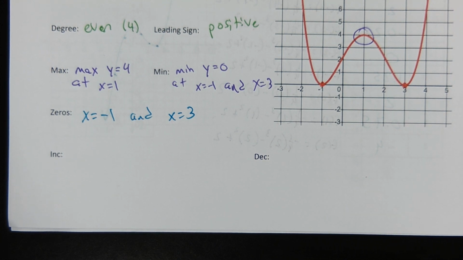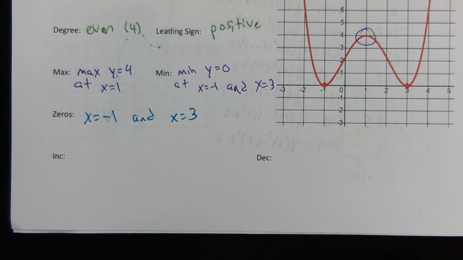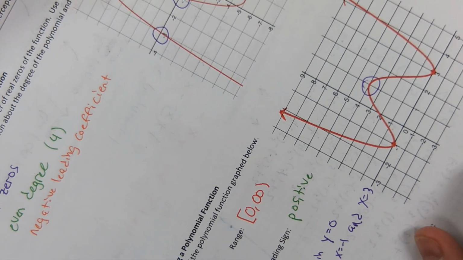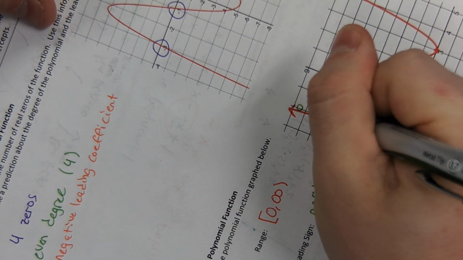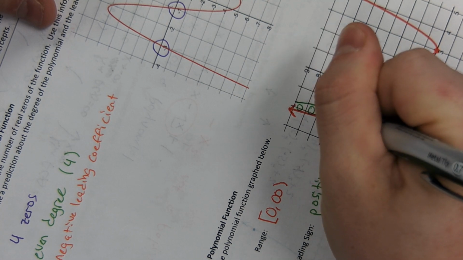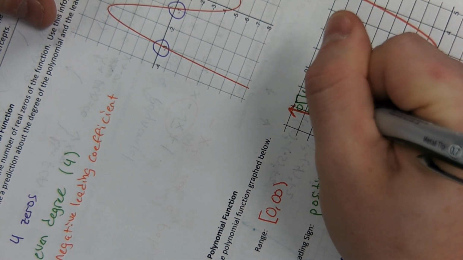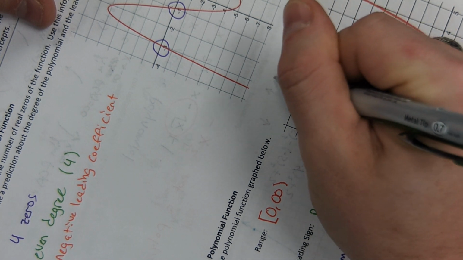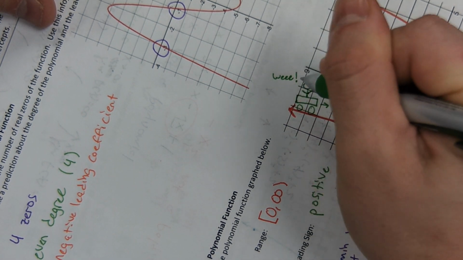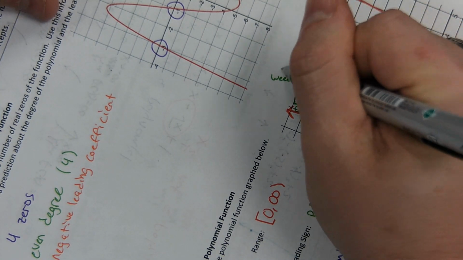And lastly, increasing, decreasing intervals. Been a while since we've done those. And if you need to remember what that means, it means if you were riding this thing like a roller coaster, always from the left. Okay? There's your speech bubble.